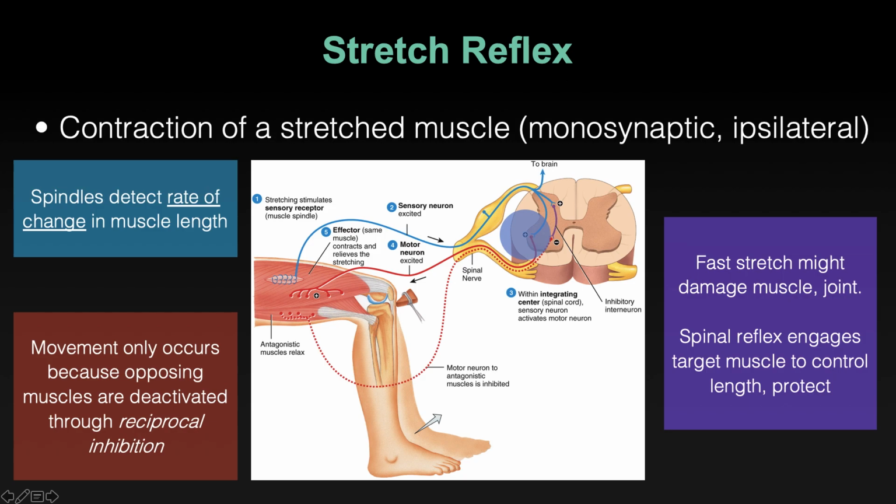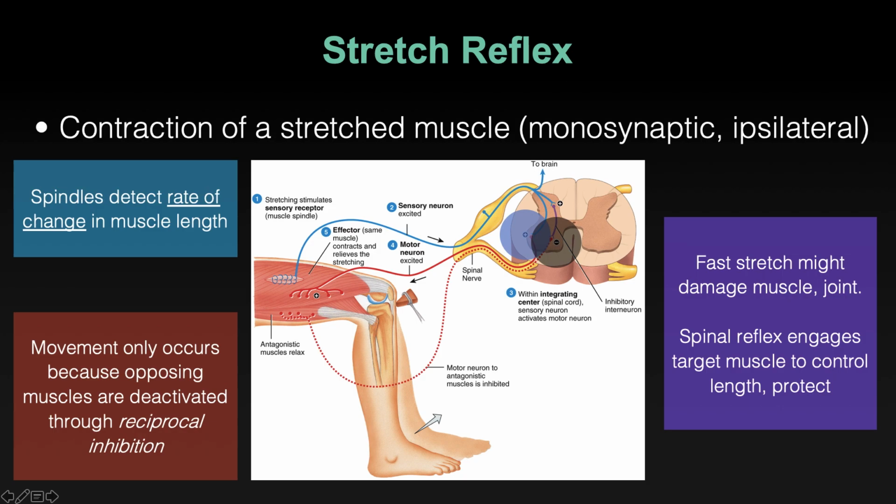So you need to deactivate the opposing muscles through a process called reciprocal inhibition. And this is usually the second prong of attacking any of these reflexes. So just beside the site where you see activation of the motor nerve that innervates the target muscle, there's a second neuron that's activated.